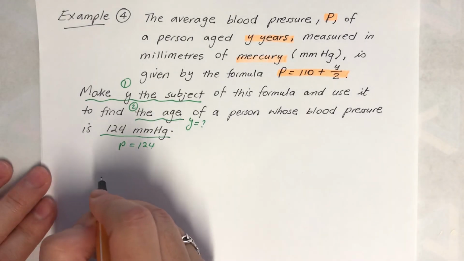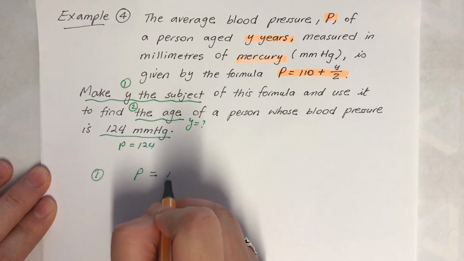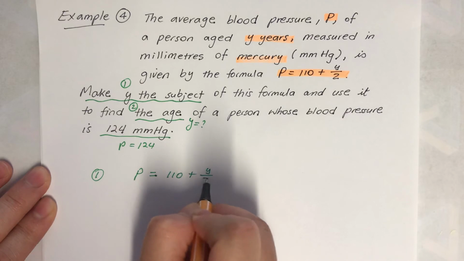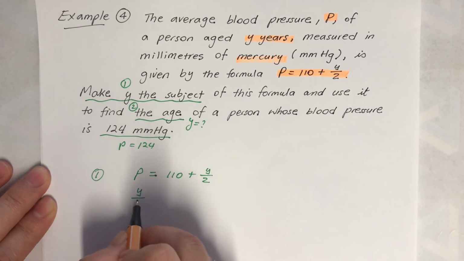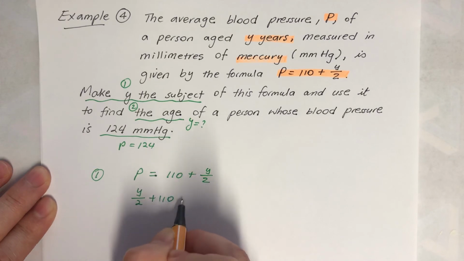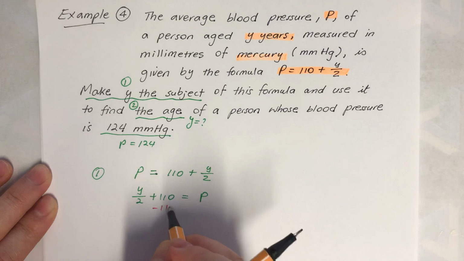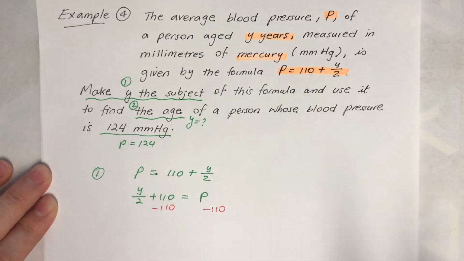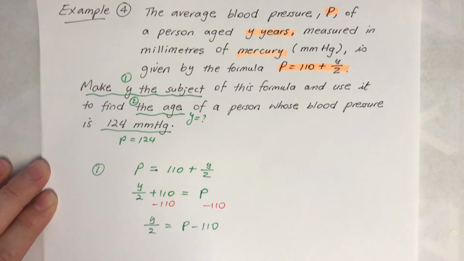So first things first, I'm going to change that. I'm going to use the formula P equals 110 plus Y over 2. Again, I want that Y to be in the front, so I'm going to swap this. And I'm going to take the 110 away, so that I'm left with Y over 2 equals P minus 110.